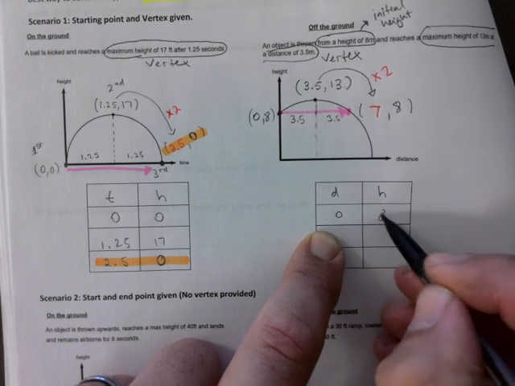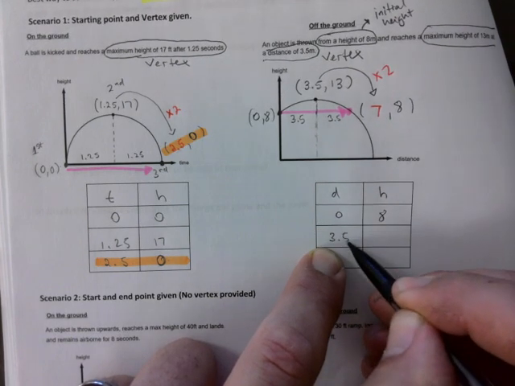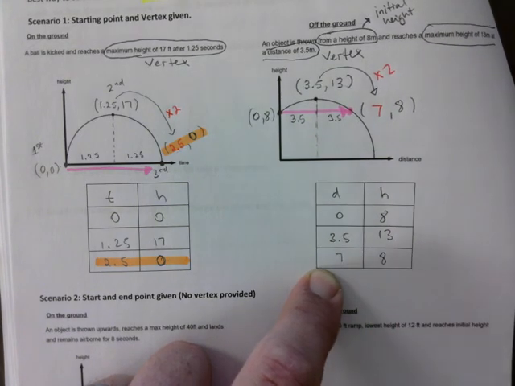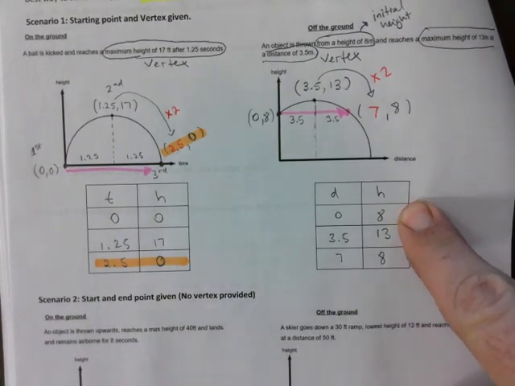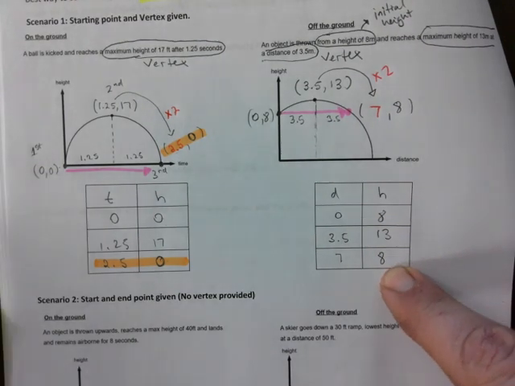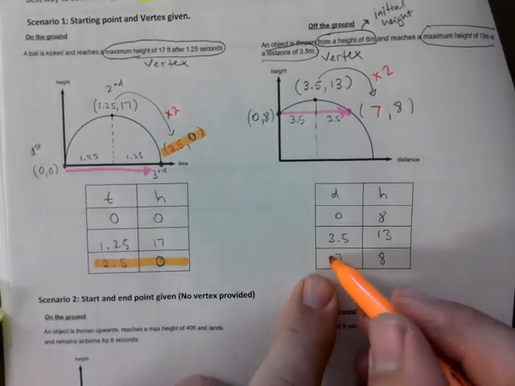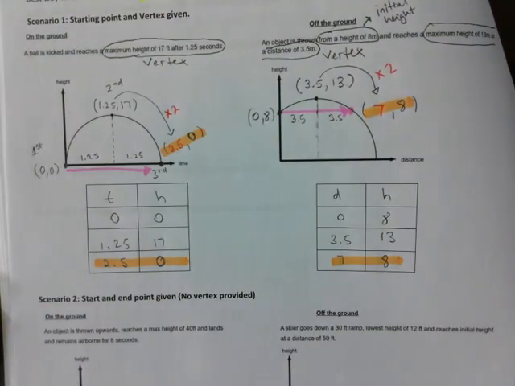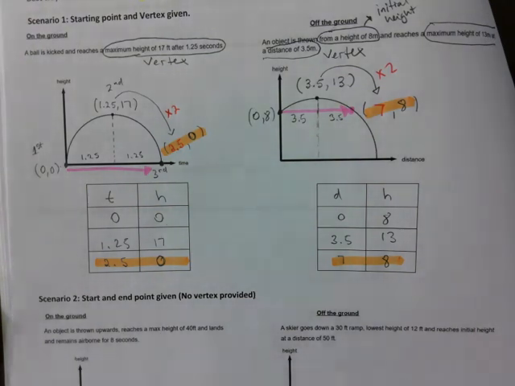So 0, 8, 3.5, 13, and then 7, 8. See, you're back on the same height that you started, right? And I'm just going to highlight my third point, saying, hey, that is what I needed to complete the puzzle. Now I can do a regression. I'm not going to show you how to do a regression because you know how to do it at this point, hopefully.